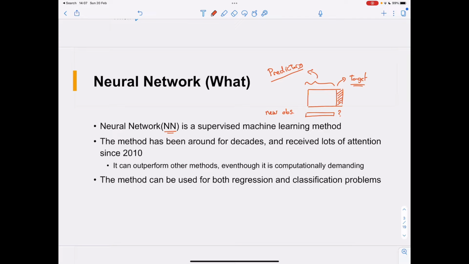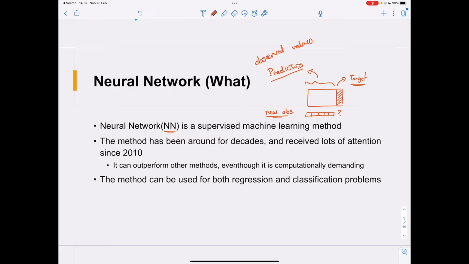These predictors are called observed values because they have been observed, right? Especially for a new case, these values are observed and the target is not observed. We want to predict it.